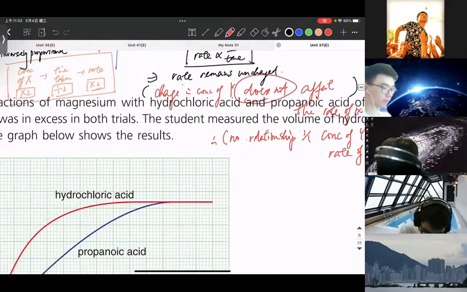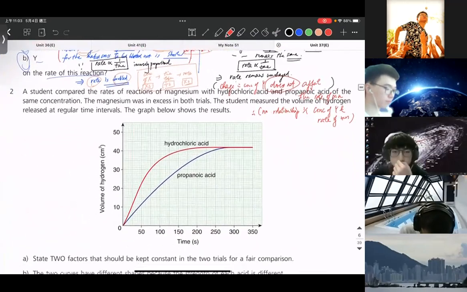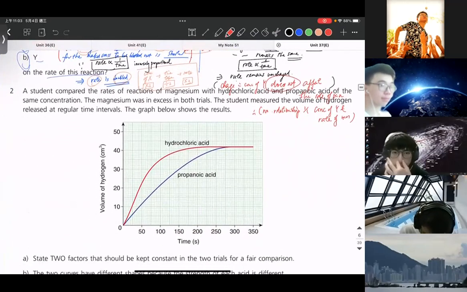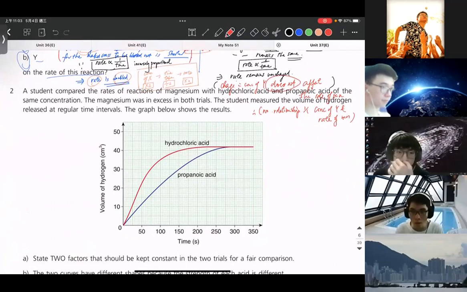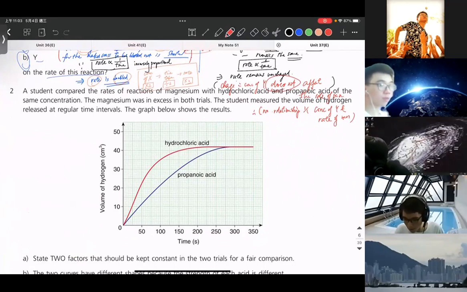Now, question 2. The student compared the rate of reaction of magnesium with hydrochloric acid and propanoic acid at the same concentration. The magnesium was in excess in both trials, and the student measured the volume of hydrogen released at regular time intervals to show this graph.